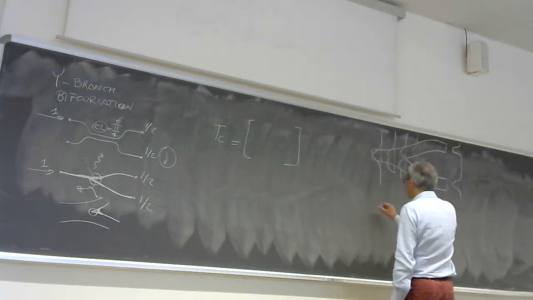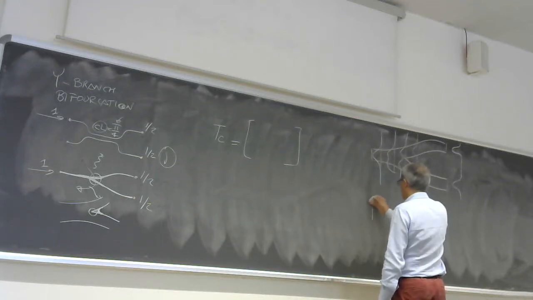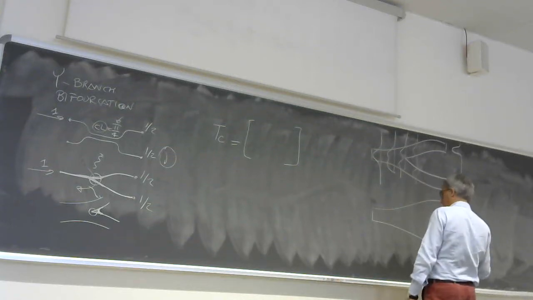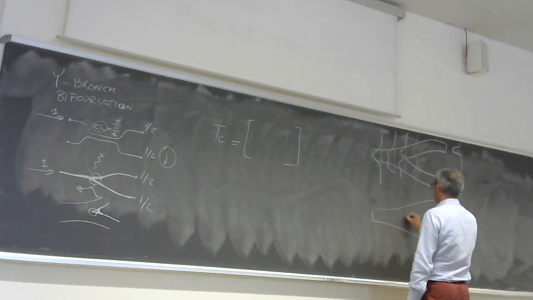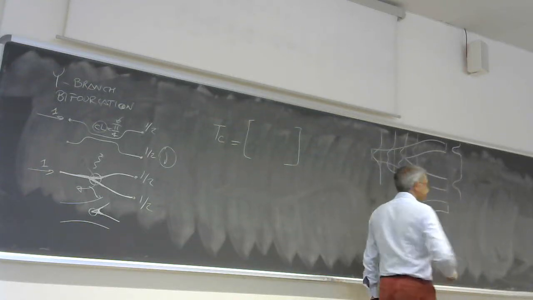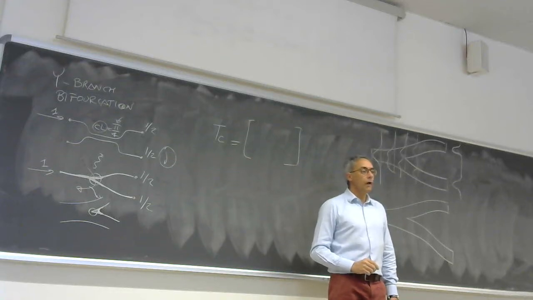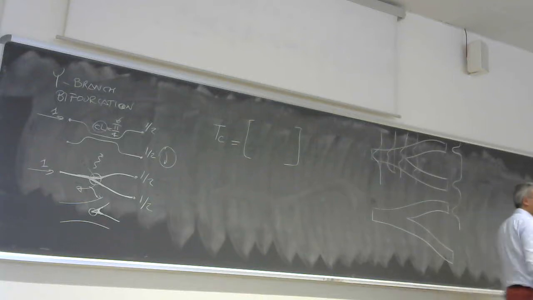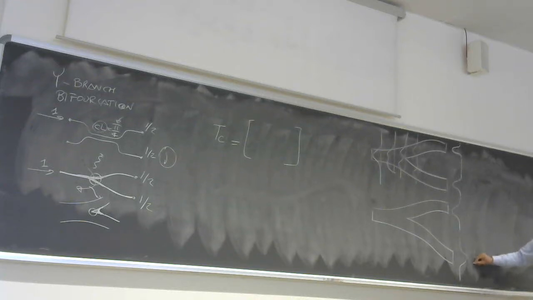Now I try to do another drawing here with the same. Now, assume that you enter with the fundamental mode here, and with the fundamental mode, but with the opposite phase, with the opposite sign.